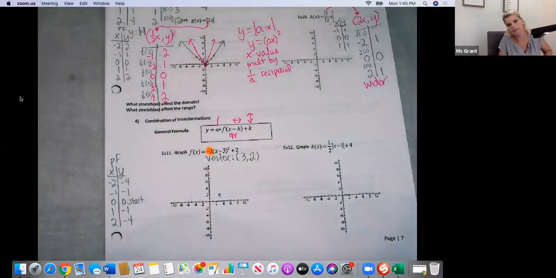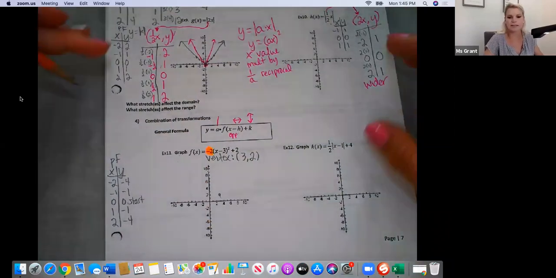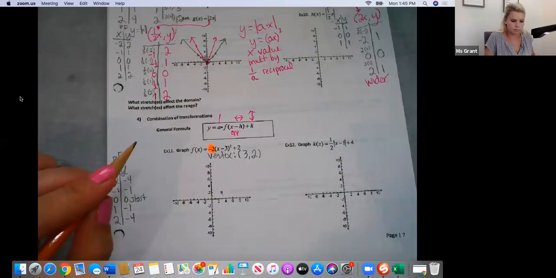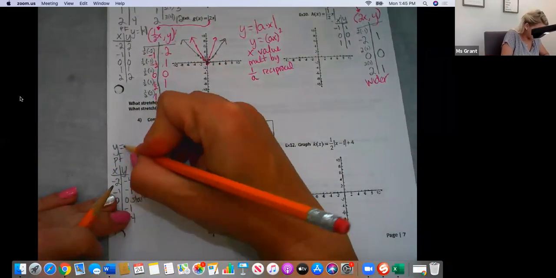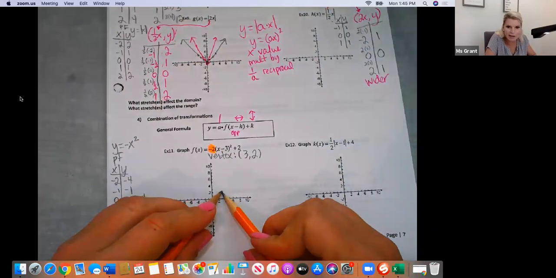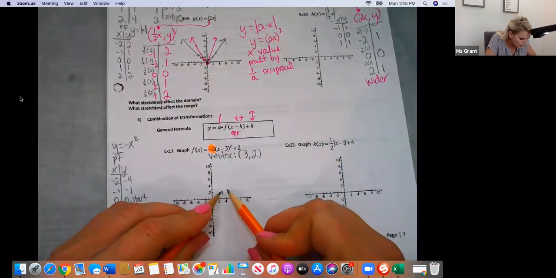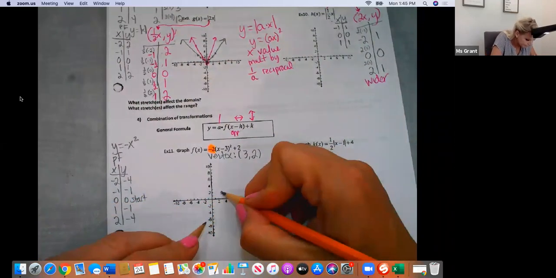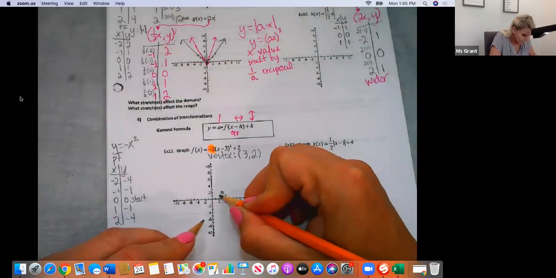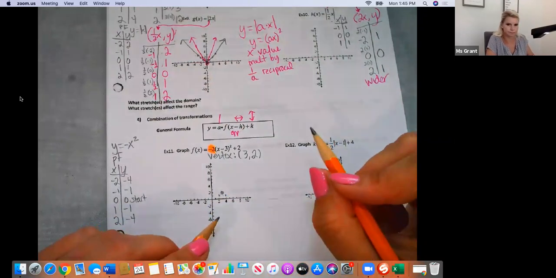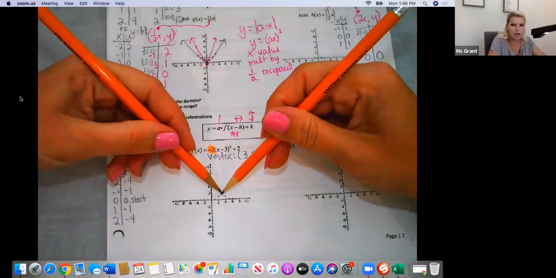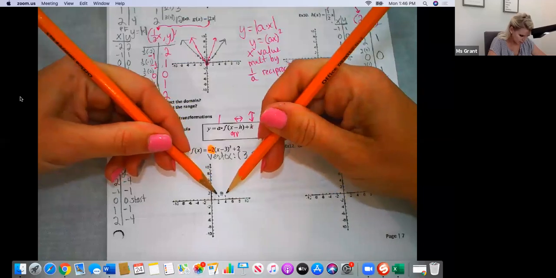I'm going to graph my parent function first because you've never seen a downward parent function. Without any transformations, the graph of y equals -x² looks like this. Starting at your vertex, you go over 1, down 1. I go back to my vertex. I'm going to go over 2 in both directions.